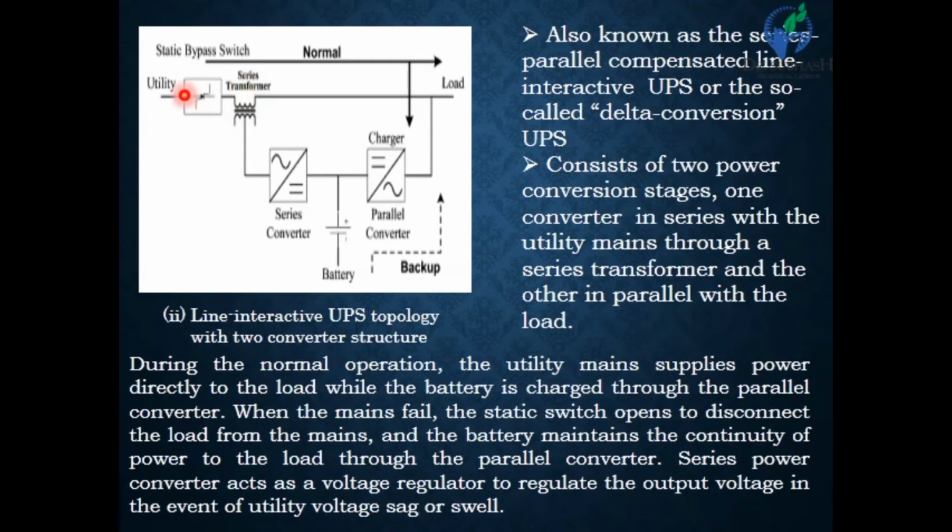So when the utility system provides AC power, it is directly connected to the load and also charges the battery via the rectifier system. When the utility system fails and power supply is cut down, the battery provides power to the load via the inverter.